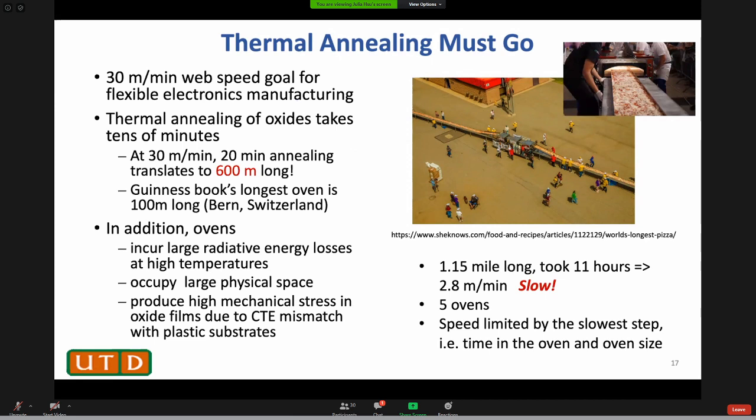So it's a sequential method. Today I'm going to talk about photonic curing. We are using a flash lamp, so it's non-equilibrium heating. I'll show you, there's a big temperature difference between the substrate and the film, and we can do this in milliseconds.